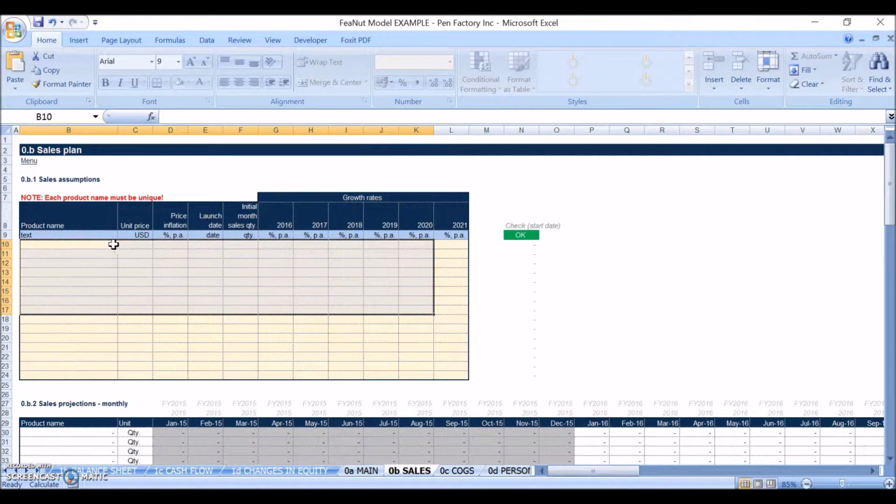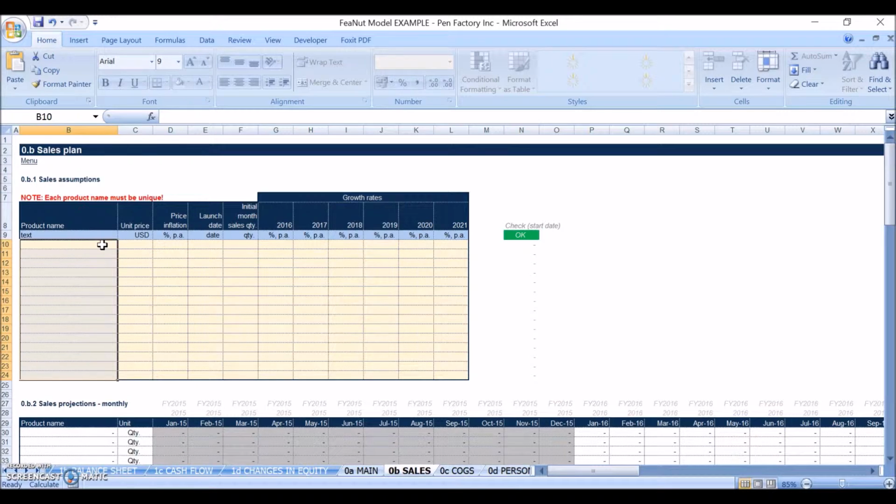So here in this table, you have several lines in which you can populate different products and services that your company will sell. And this can be like specific products or product groups or customer segments that have certain similarities, for example, in terms of price.